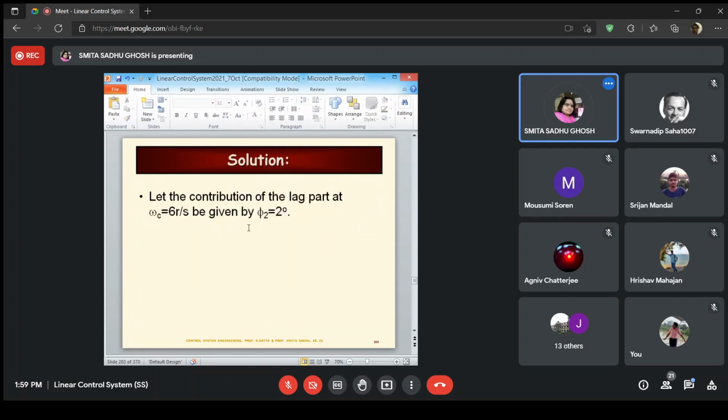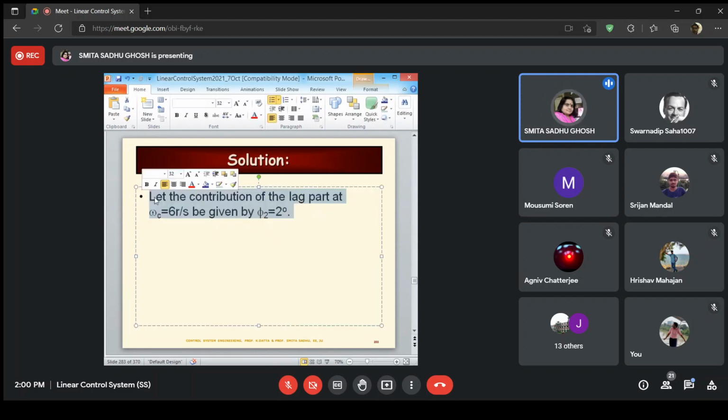So the first thing that we have to do is assume something. We are assigning, for example, a small amount of phase lag that we would want from the lag portion. This is something that you have at liberty. You say, okay, I want phi 2 to be equal to 2 degrees. We had stated that it's going to be assigned between say 1 degree to 5 degrees, a small amount of phase lag that we would be looking for from the lag portion of the compensator.